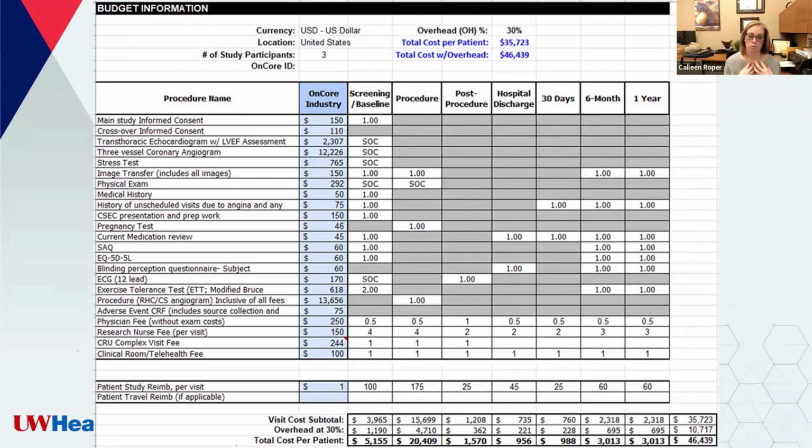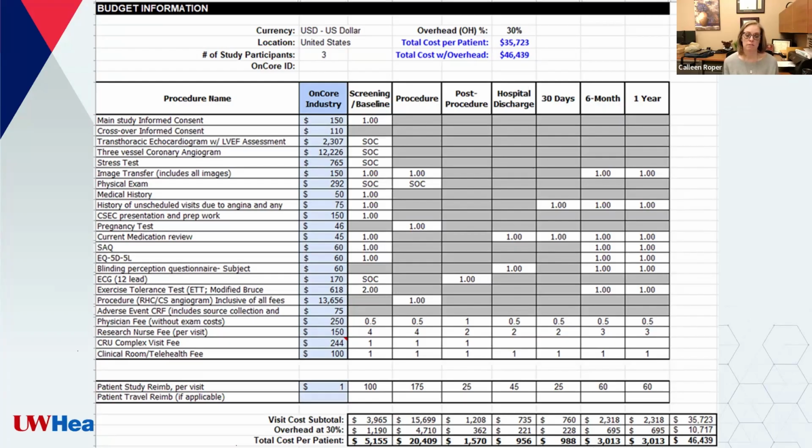For a lot of our clinics, we also put in clinic fees, because if we're going to take up clinic space or clinic time with research activities, we allow the clinics to charge us for that time if they would like to. A few of our clinics, like the Digestive Health Center, will occasionally charge us for those.